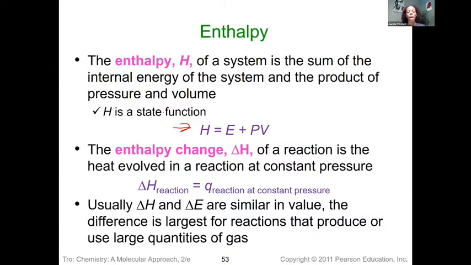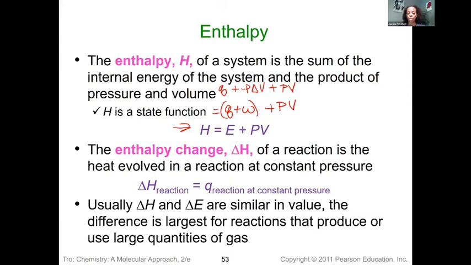Well, if you have constant pressure, several of these variables are going to fall out of the equation. If you remember that energy is equal to heat plus work, and we're now adding that to the product of pressure times volume, well, if we substitute in what work is equivalent to, we get the heat plus the work, which is negative pressure times the change in volume, plus pressure times volume.